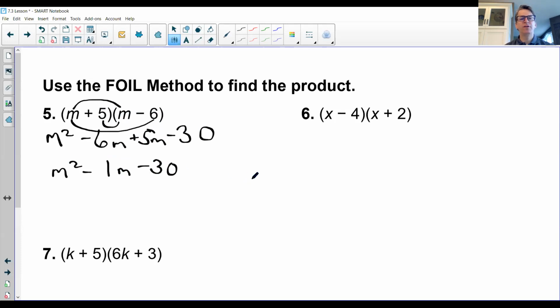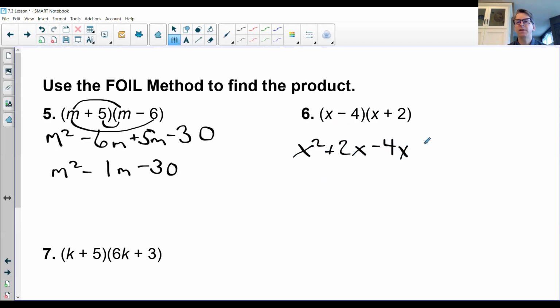FOIL, first, outer, inner, last. And it's 2 binomials. So it's a binomial times a binomial. We're using FOIL, okay? 2 more little examples here, folks. X times x is x squared. Outer is positive 2x. Inner is minus 4x.